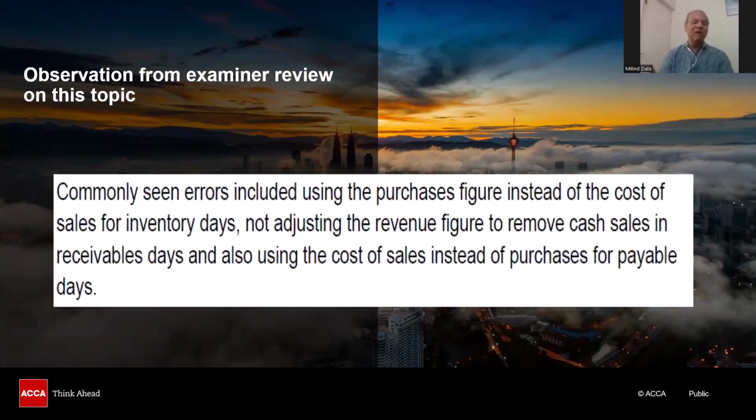Total sales minus 10% cash would be your credit sales, which should be the figure that you take to arrive at the receivables collection period. That is what you need to remember a lot. And therefore, it makes a lot of sense for you students to please go through examiner reports for all the previous FM examinations.